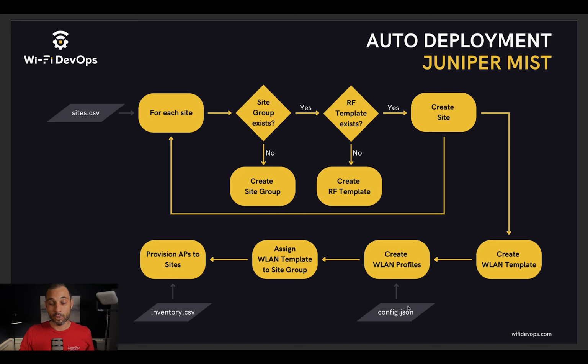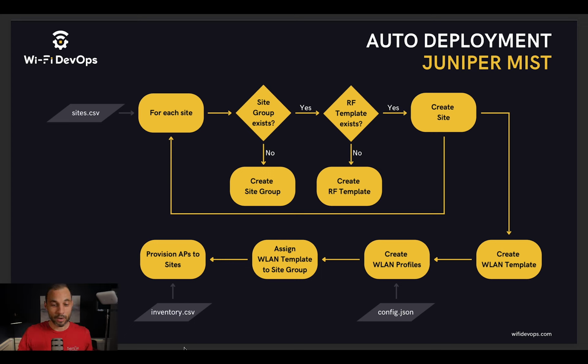So we're going to pull that information from the config file and configure it in the Mist cloud using the API. After that, we are going to apply this set of configurations to the different sites through the site groups. And then eventually we will provision the APs. We have a couple of APs in our organization inventory.